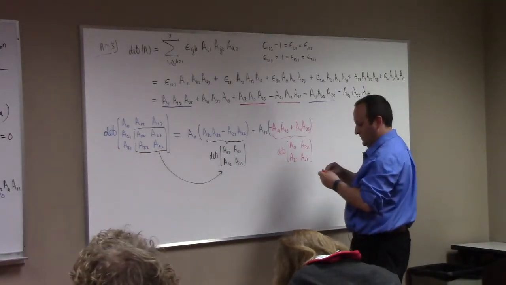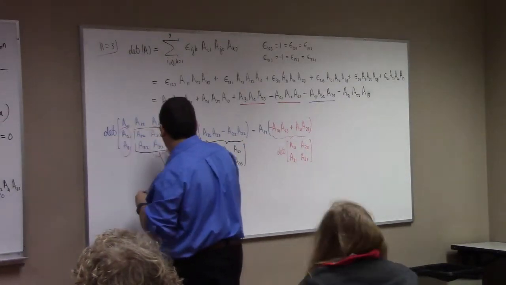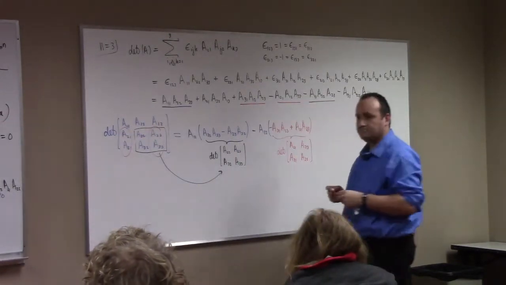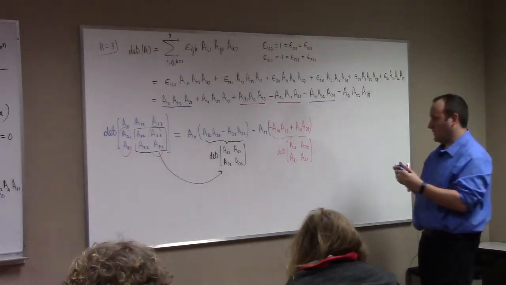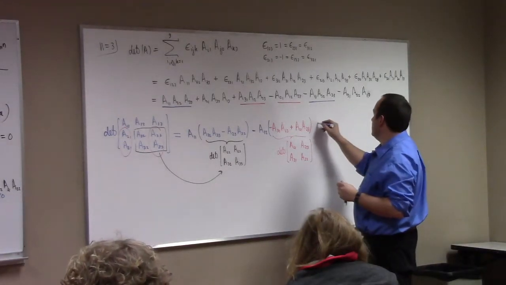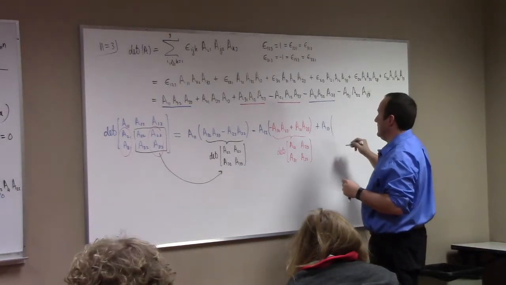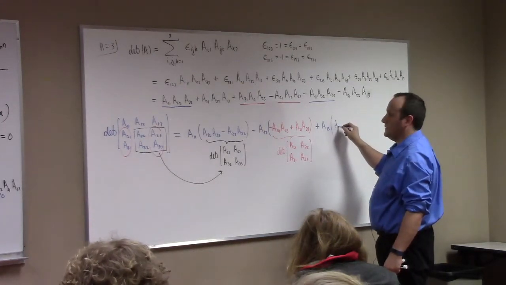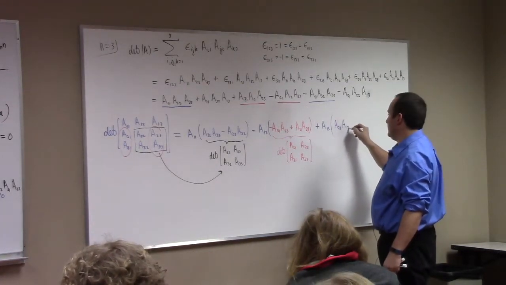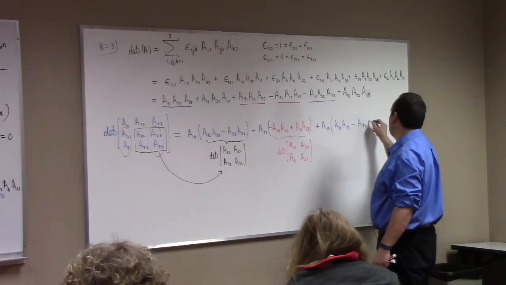Of course, color coding, we're looking at this and that, right? That's what's appearing there. And then finally, plus A13, and what do we got? A21, A13 minus A22, A31.